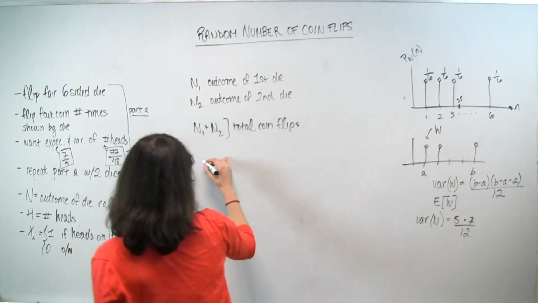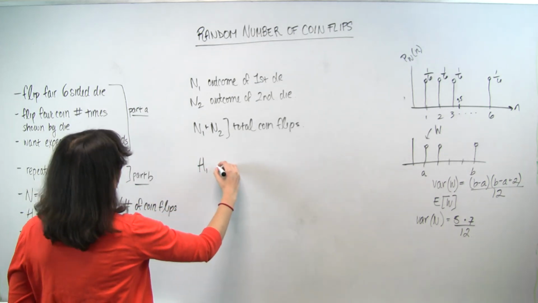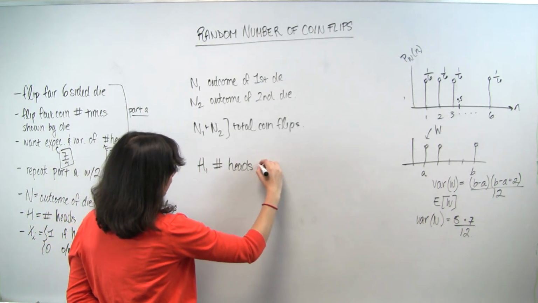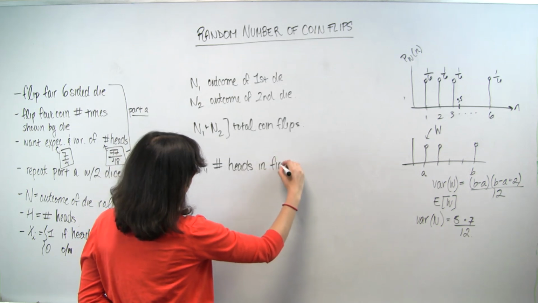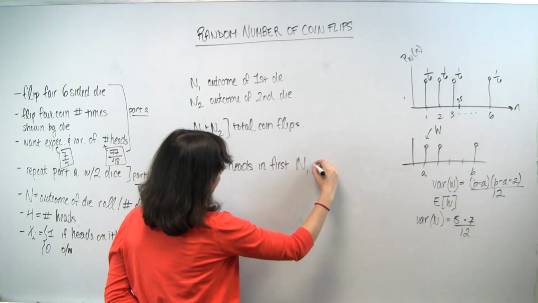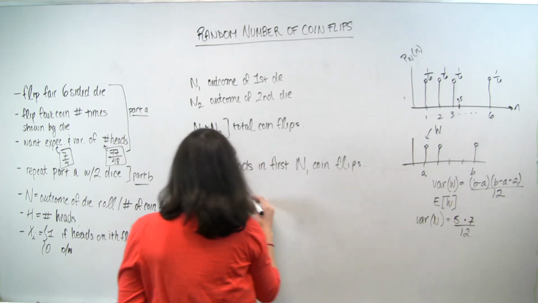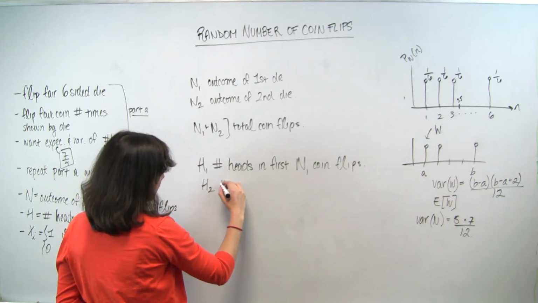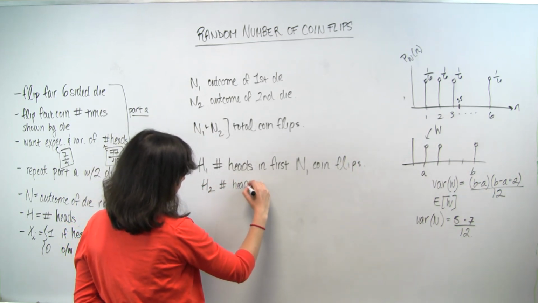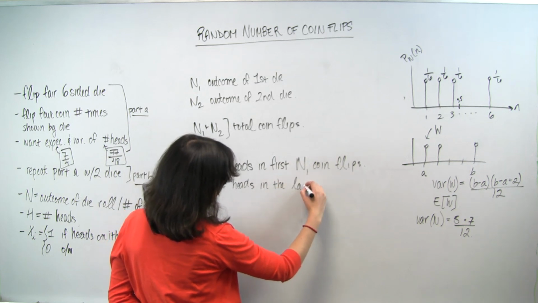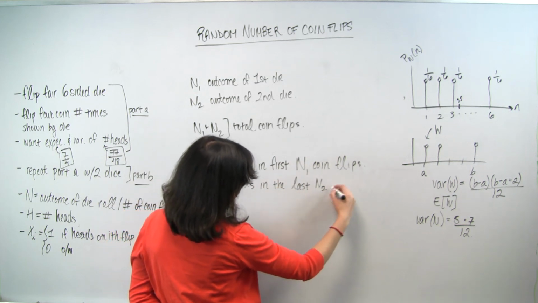So you could define H1 to be the number of heads in the first N1 coin flips, and you could let H2 be the number of heads in the last N2 coin flips.